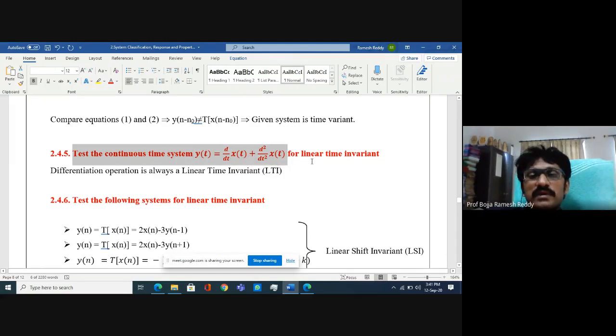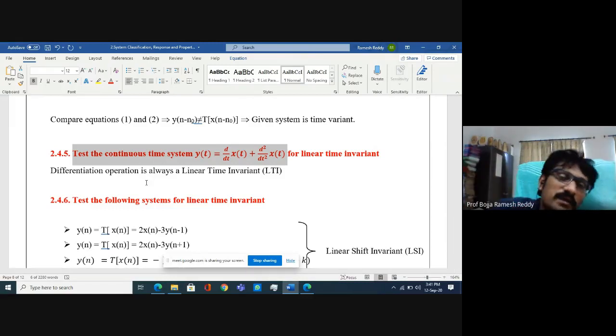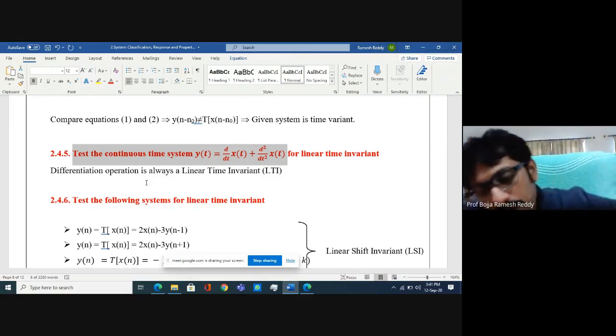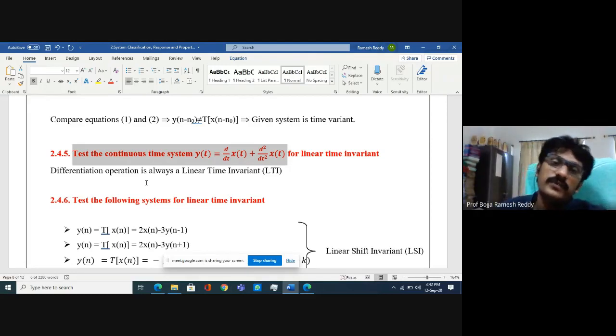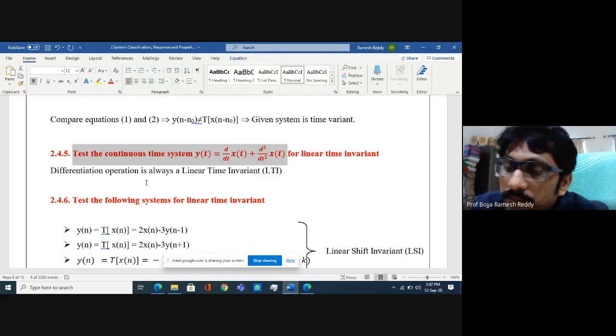Now check the system for linearity. Differentiation operation is always linear. No need to do all those things. Simply, d by dt of x of t plus y of t is d by dt of x of t plus d by dt of y of t.